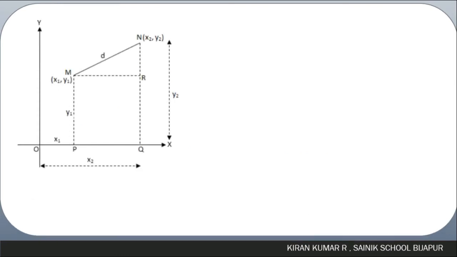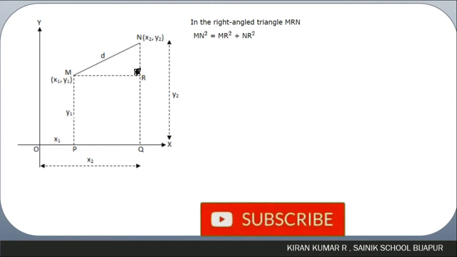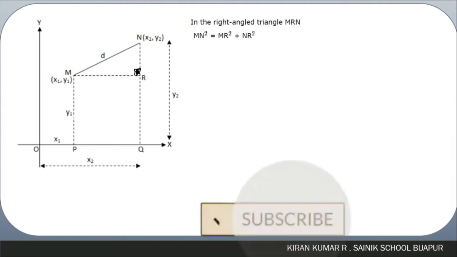Now with this, I'll consider the right angle triangle. Here is a right angle triangle, right angled at R. The hypotenuse is MN. The other two sides are MR and NR. So by using the Pythagoras theorem, we get MN square equal to MR square plus NR square.